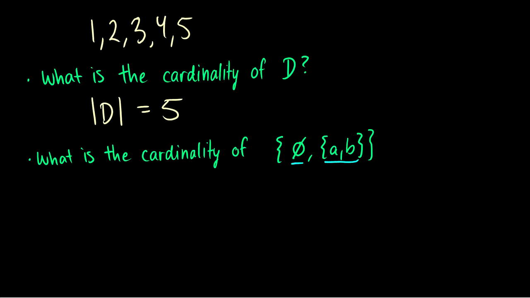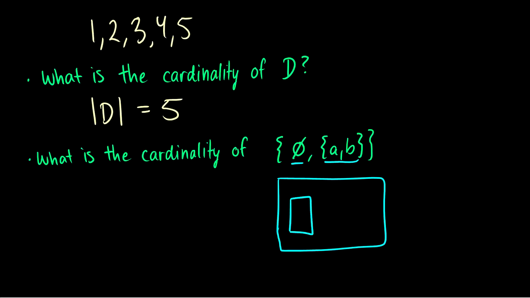So really what I see inside this box, if I were to draw this out, is a box containing nothing and a box containing A and B. So the stuff inside of these boxes, essentially with a cardinality question, these things are invisible. We can't see what's going on. So the question is, how many things do we see inside that set? What is the size? How many elements are in that set, that big box?